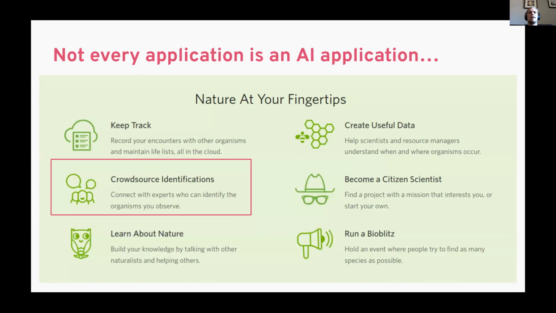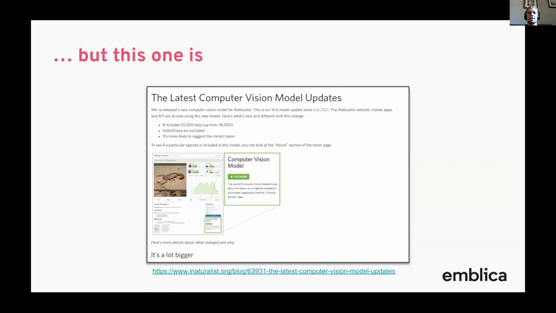However, going forward, this one is actually an AI application. There is a computer vision model working, and from those hundreds of thousands or actually millions of species, it promises to be able to identify 55,000. That's already quite a lot. So this is clearly an AI application.